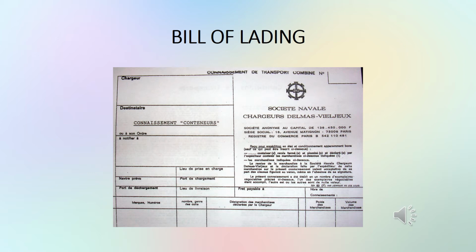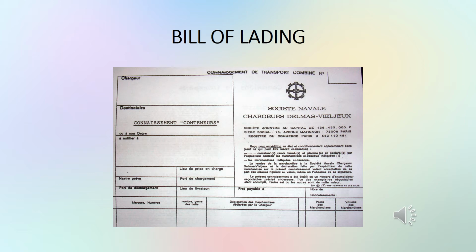As we know, bill of lading, or known as BOL, is evidence of a contract between the carrier, which is the transporter, and the exporter to deliver goods to a designated party, which is the importer, at a specific destination in the importer's country.